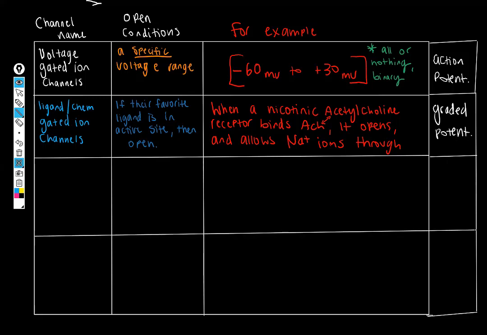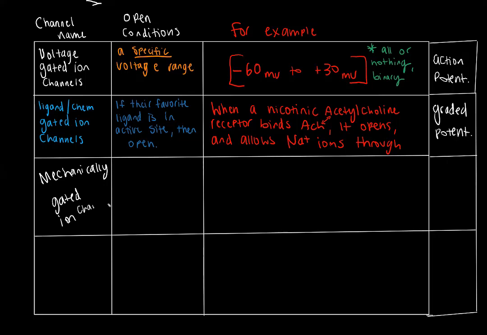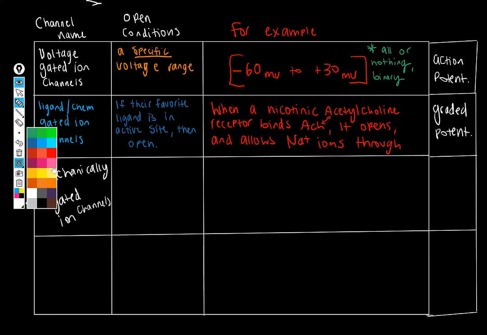Well, actually, I'll just do the one. That makes more sense. And that is, of course, mechanically gated. So these are having the open condition of if they're mechanically distorted.